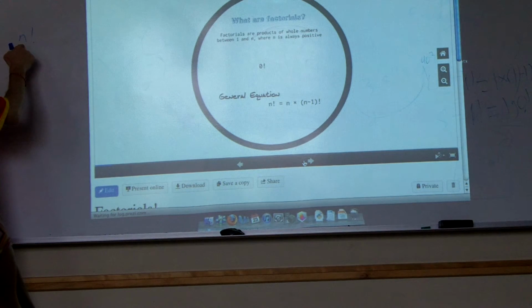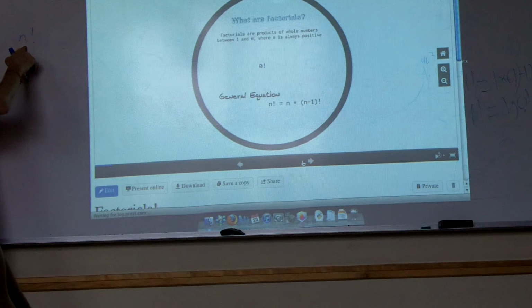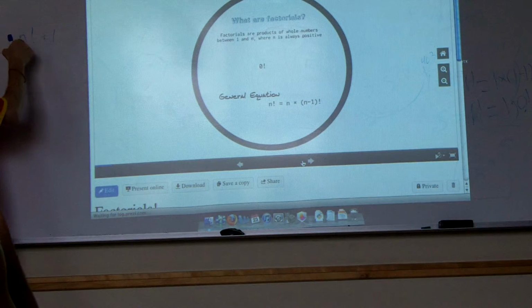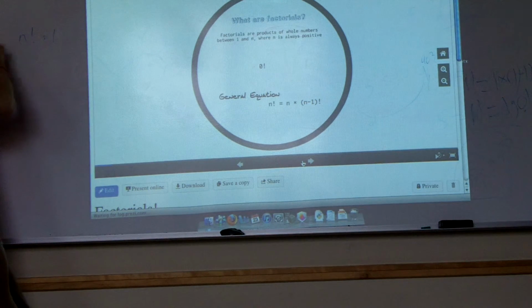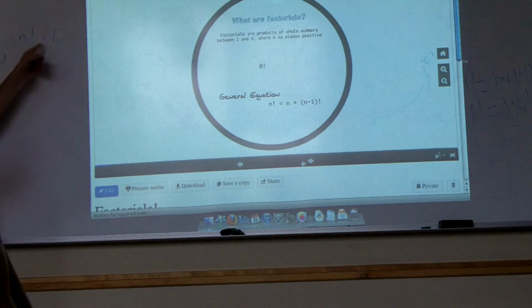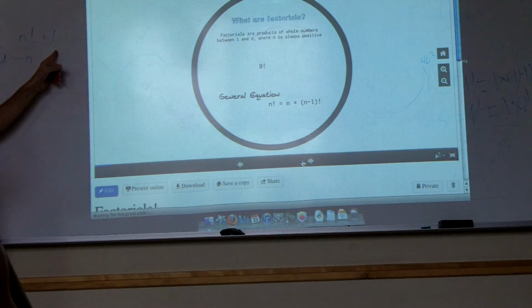If I take all the numbers up to n, and I say n factorial, no matter what n is, it doesn't make any difference. And then I add 1 to n factorial. Any of the numbers from 2 up to n, will they go into n factorial plus 1?